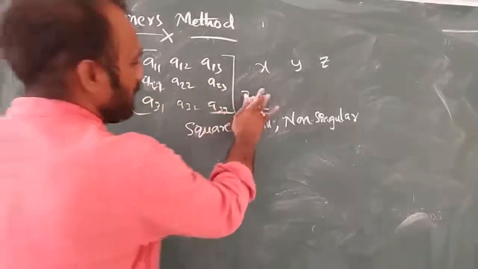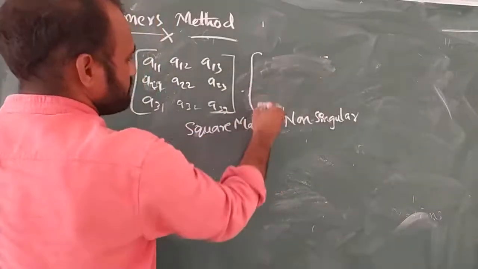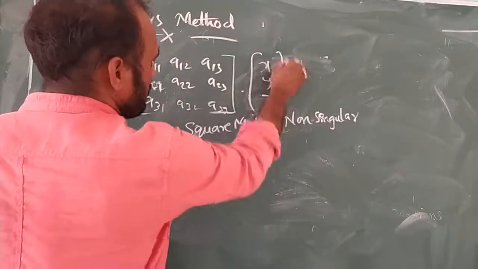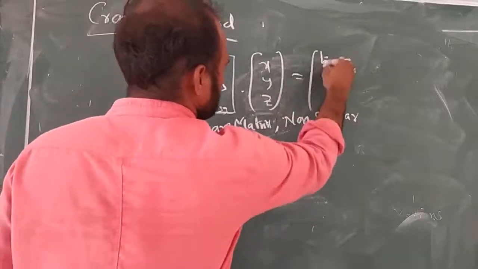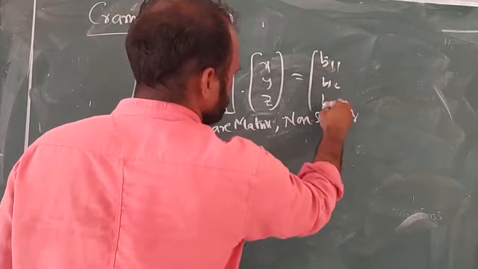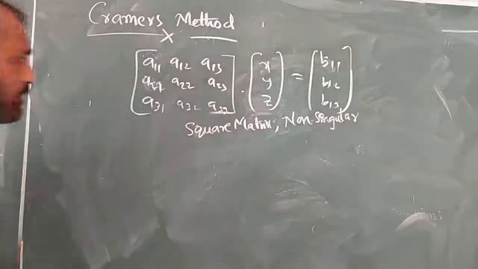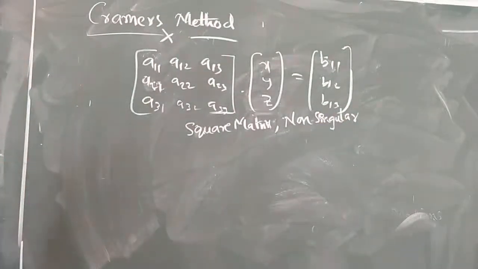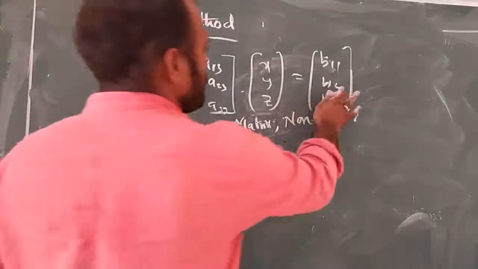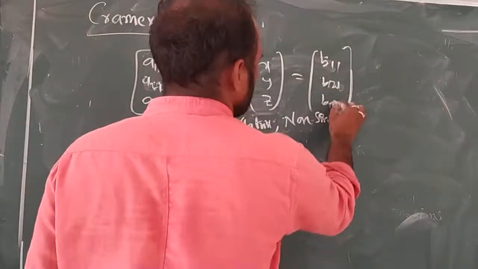This is a 3 by 3 coefficient matrix, and this is the resultant matrix B11, B21, B31.